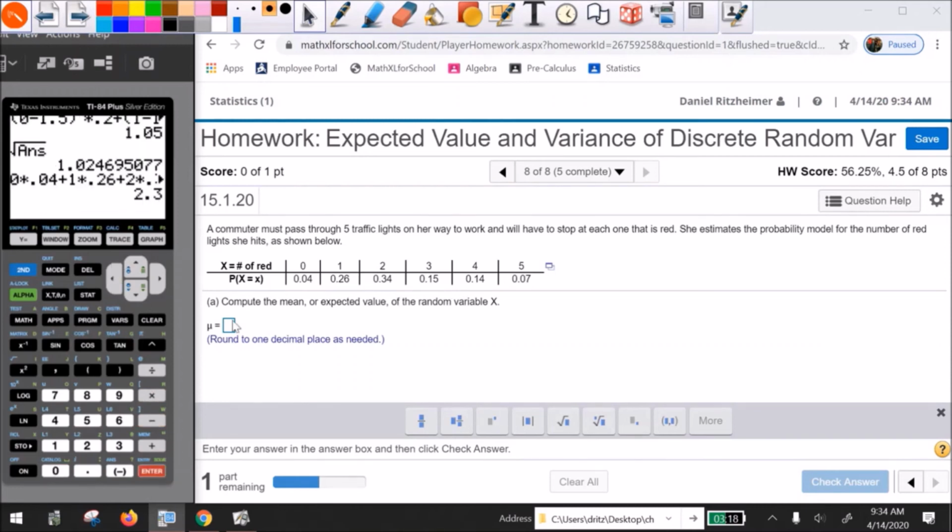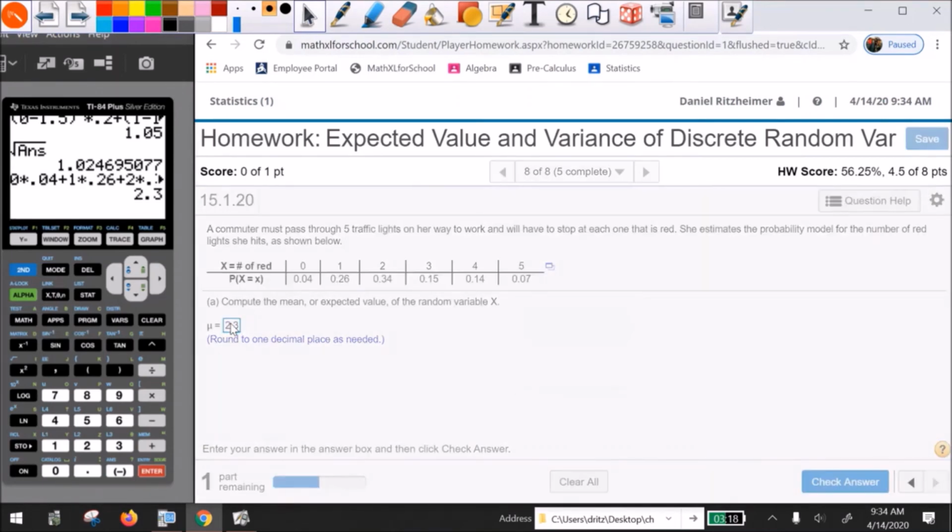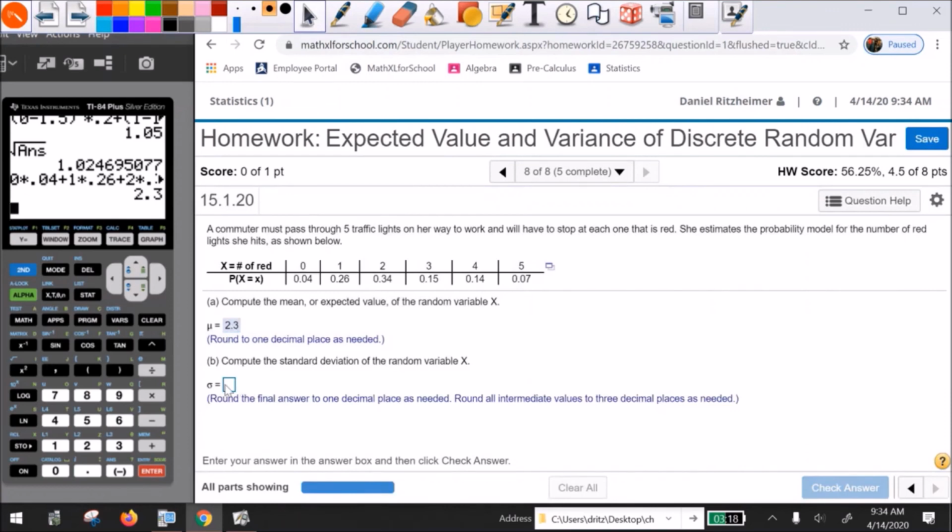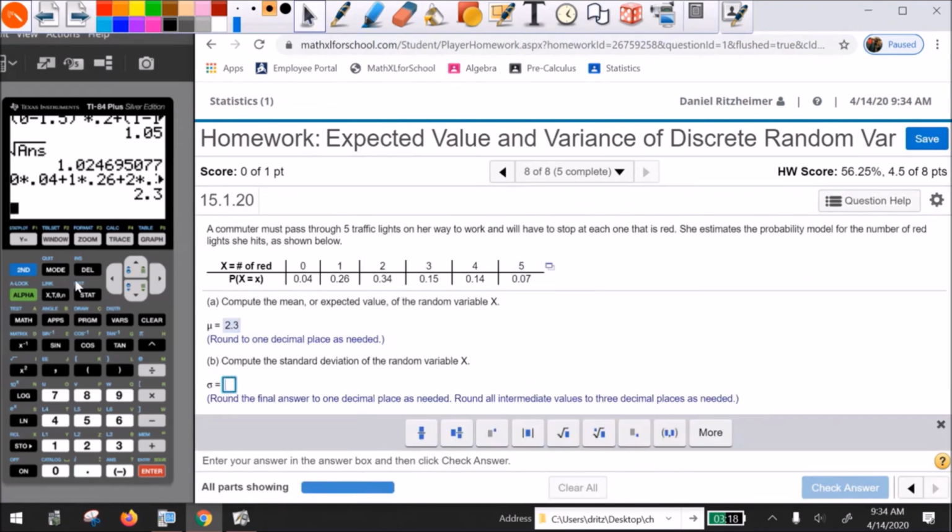Got my expected value for the mean. Standard deviation is going to take a little while, but I'm going to type it all out.